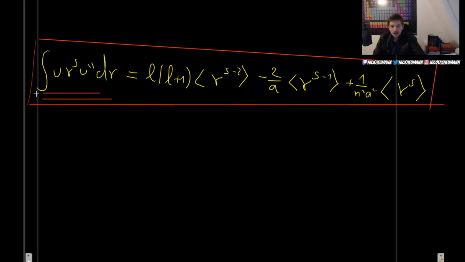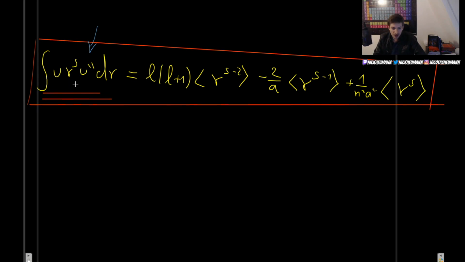Well, one way to go about it, and it's probably the easiest one, is to use integration by parts. Why? Because, well, we have a part there, the u prime prime, which is the derivative of something. So if we use integration by parts, we might get along, maybe go somewhere. So let's try that.